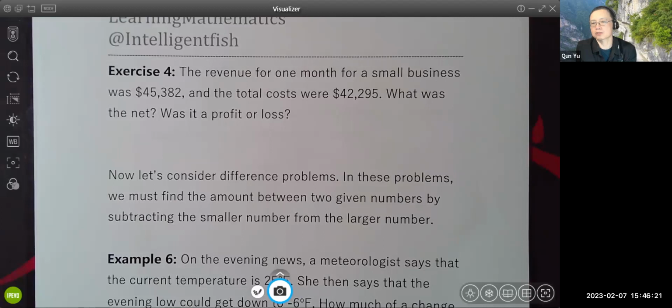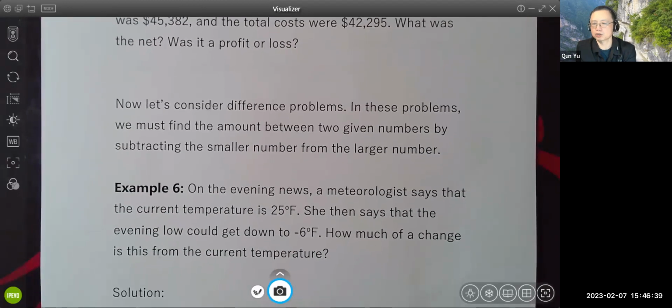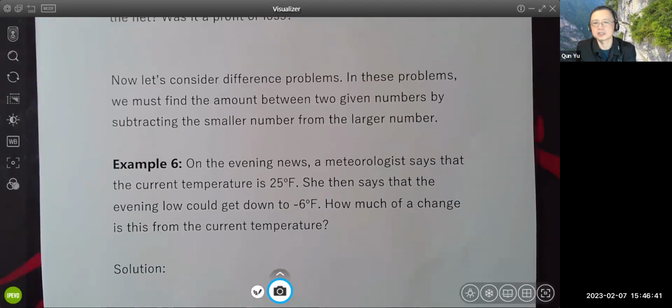Do you multiply, divide, or add 2 and 5 to get 3? No, you do subtraction. You use the bigger number, subtract the smaller number to get the difference. So whenever you're looking for the difference between two numbers, you want to do a subtraction.